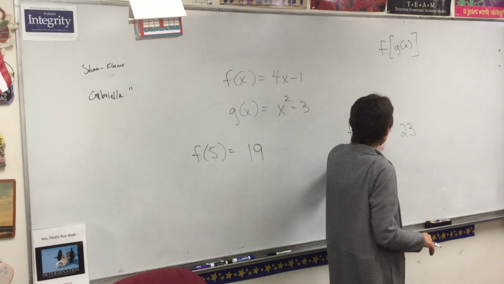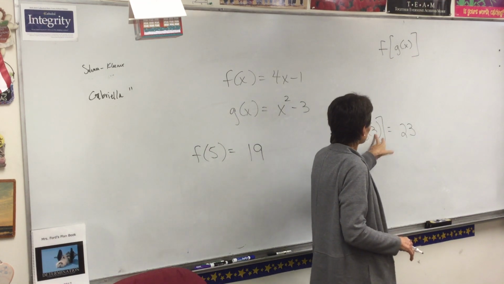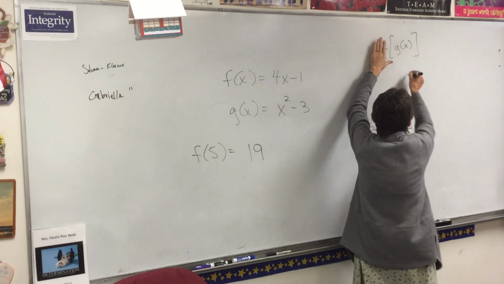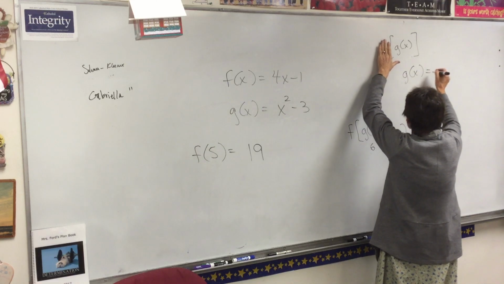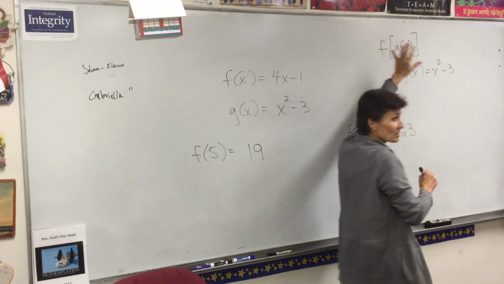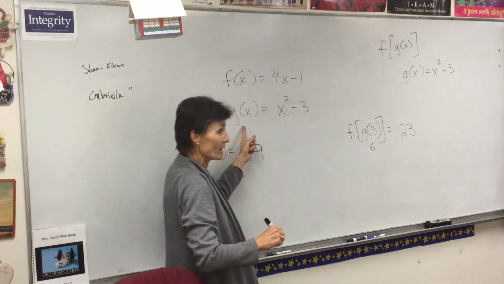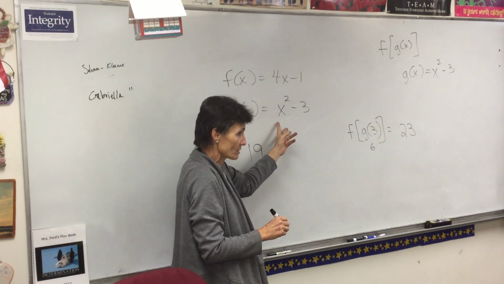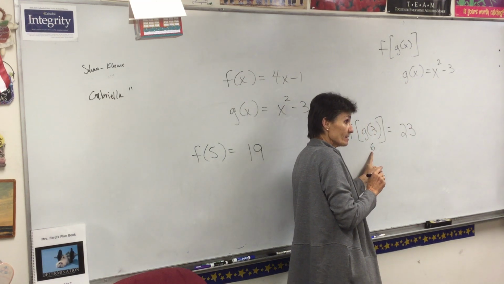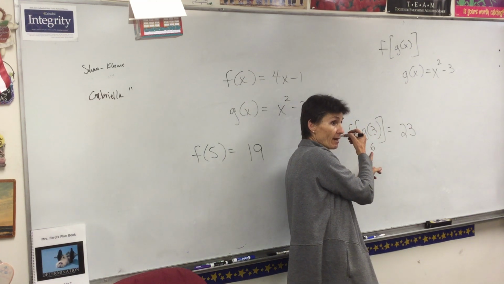This is the same problem, only instead of a 3, we're just going to use a letter. So what's G of X? No confusion. If you're confused by that, you are in deep trouble because it says right here, G of X equals. Now, remember when we got 6? We took the 6 and put it into F, right?